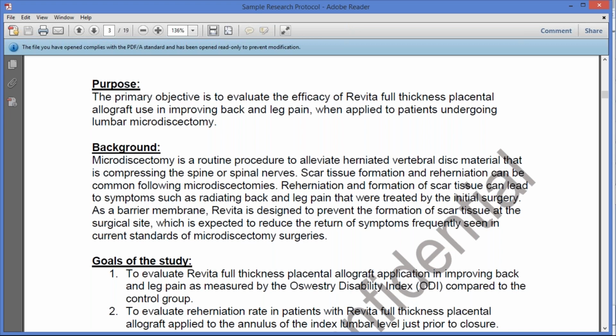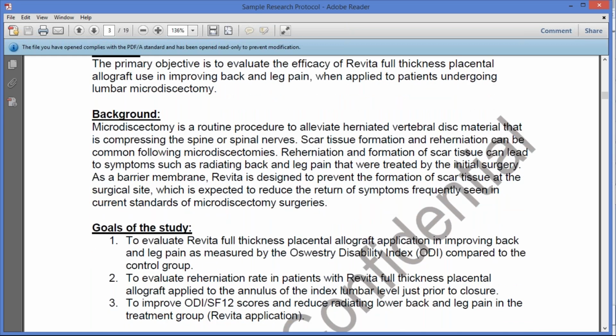Primary objective is to evaluate the efficacy of Revita, full thickness placental allograft, in improving low back pain and leg pain. So we are using Revita in improving low back pain and leg pain in the surgeries, microdiscectomies.